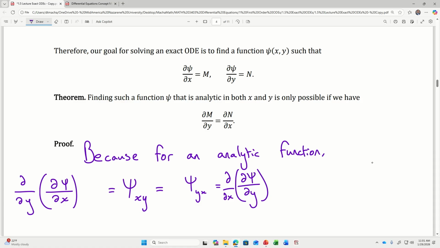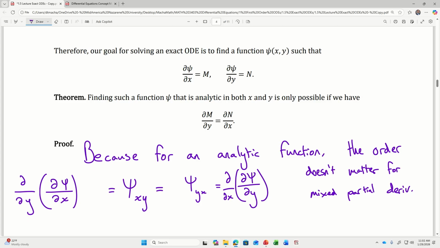In other words, the order doesn't matter when I take a mixed partial derivative. That was another thing we talked about a lot in Calculus 3. It doesn't matter if I take the partial with respect to x first or with respect to y first, it has to be the same.